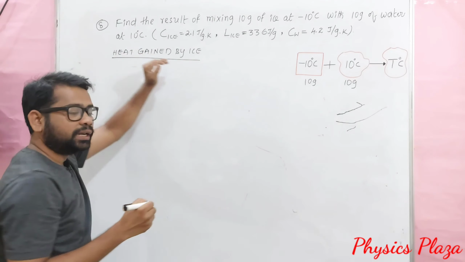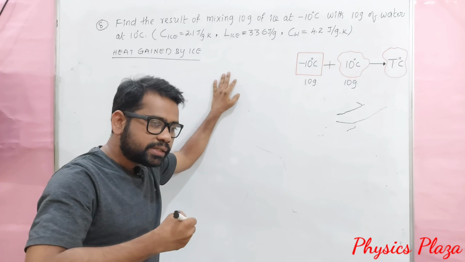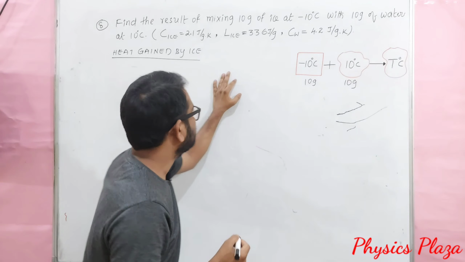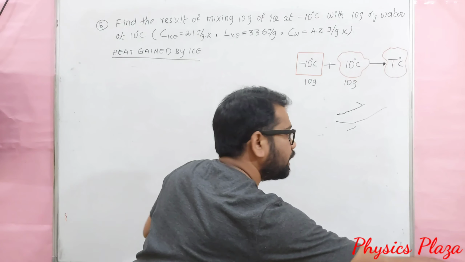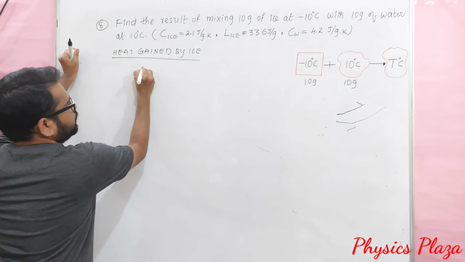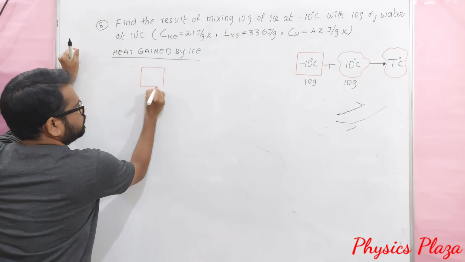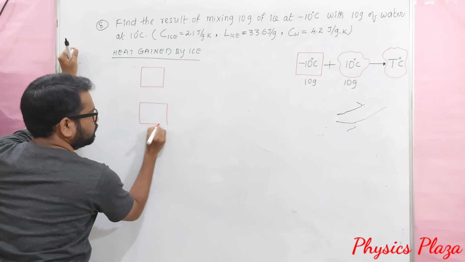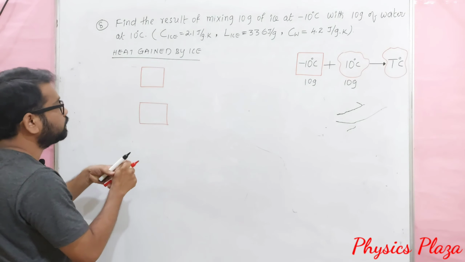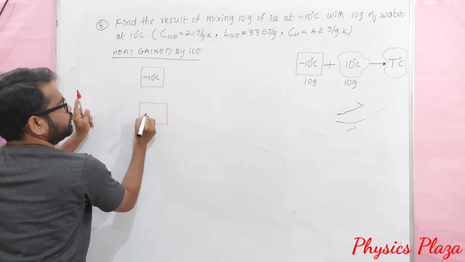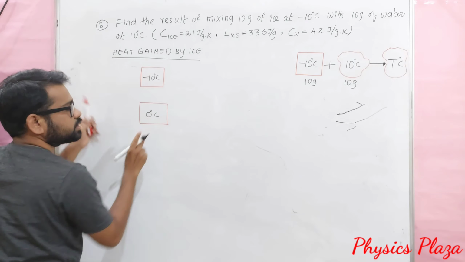Do you think that ice at minus 10 degrees Celsius will directly convert into water at T degrees Celsius? No, it is not that. Initially, ice at minus 10 degrees Celsius gets converted into ice at 0 degrees Celsius.